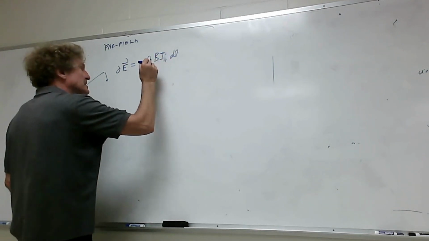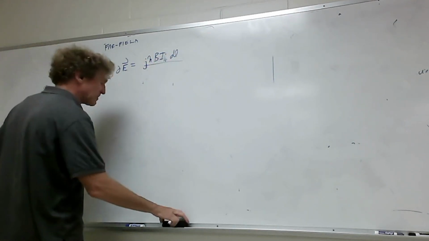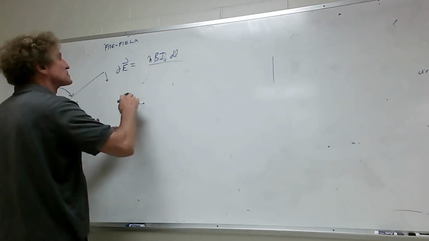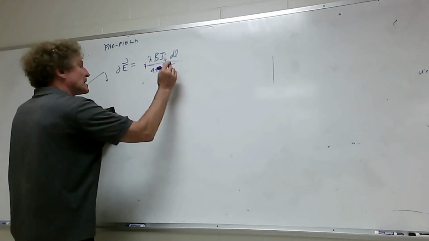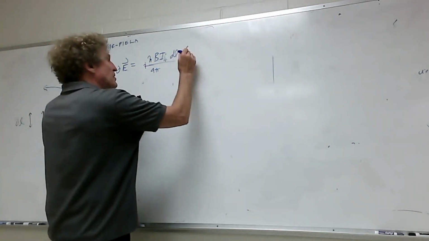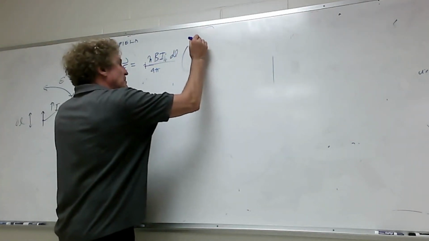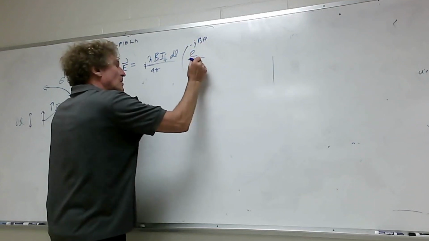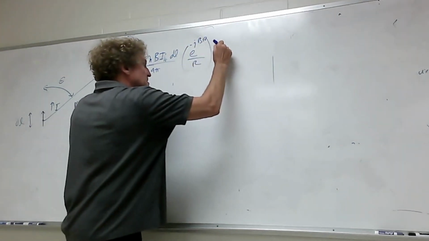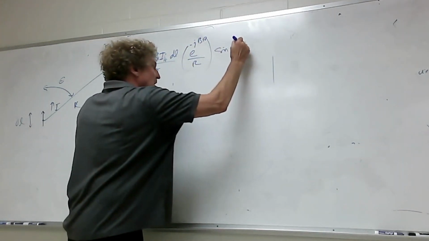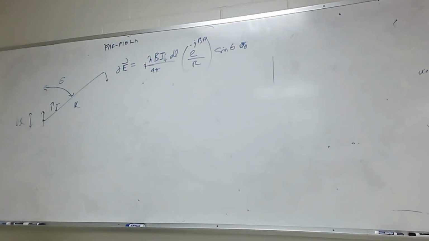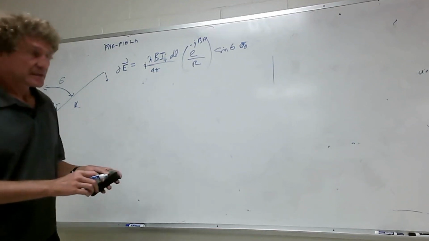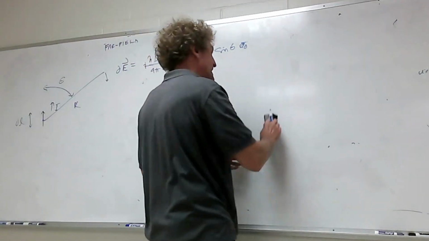I'll just call it I for now, dl, over 4 pi, and then I usually break out the e to the minus j beta r by itself, over r times sine theta a theta. You with me? I get that as dE. Now, why did I do that?